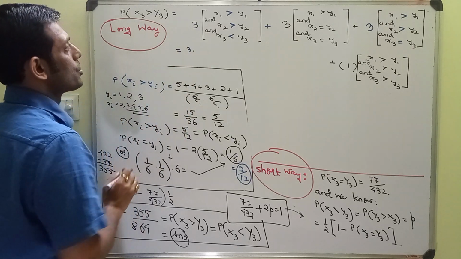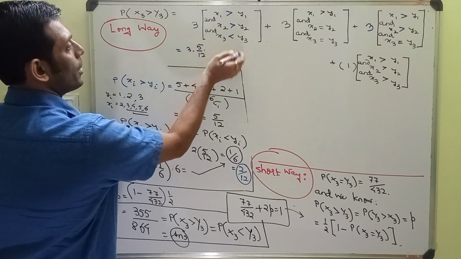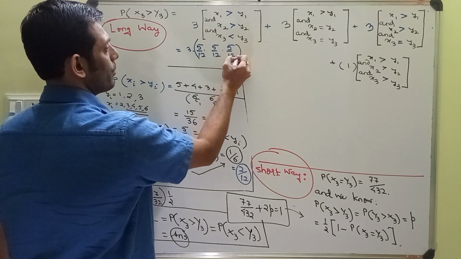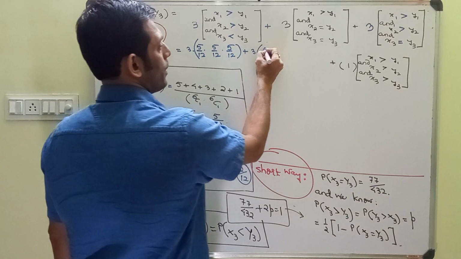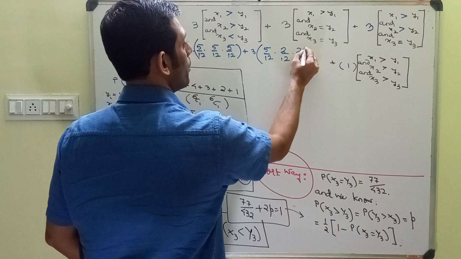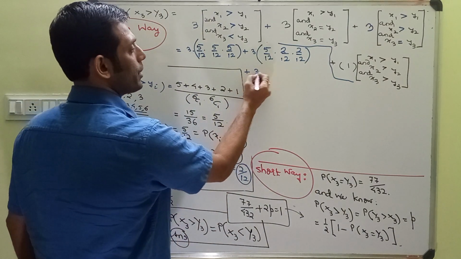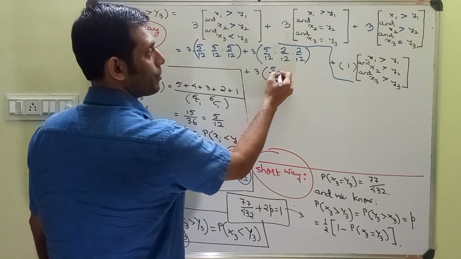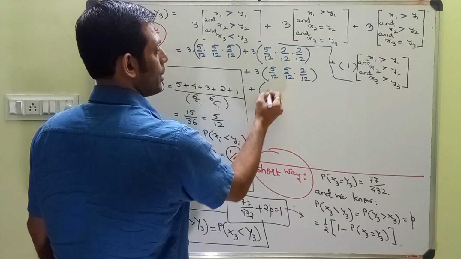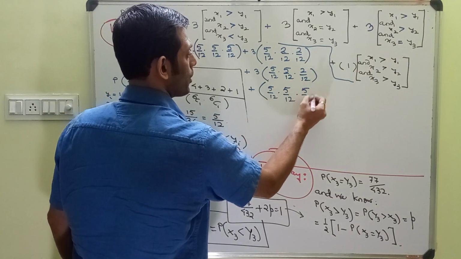This is equal to 3 times x1 greater than y1, which means 5 by 12. This is another 5 by 12 plus 3 times 5 by 12, 5 by 12, 2 by 12 plus 3 times 5 by 12, 5 by 12, 2 by 12 plus 5 by 12, 5 by 12 and 5 by 12.